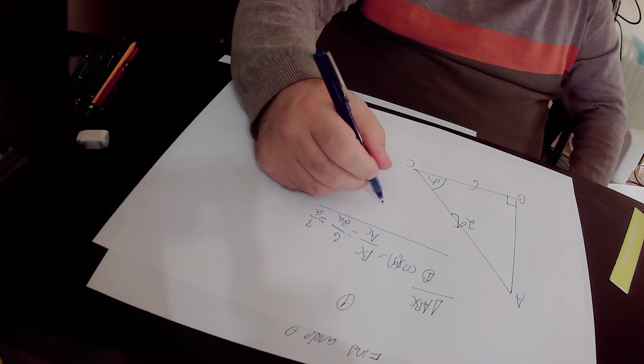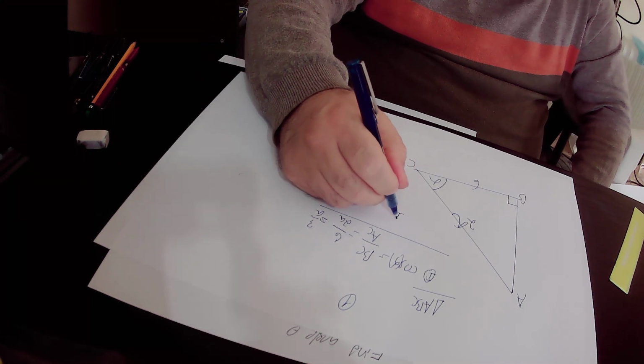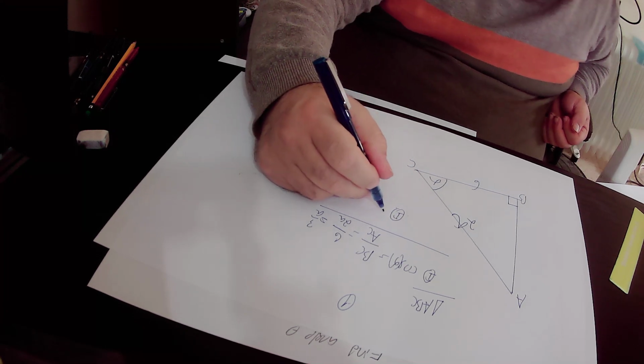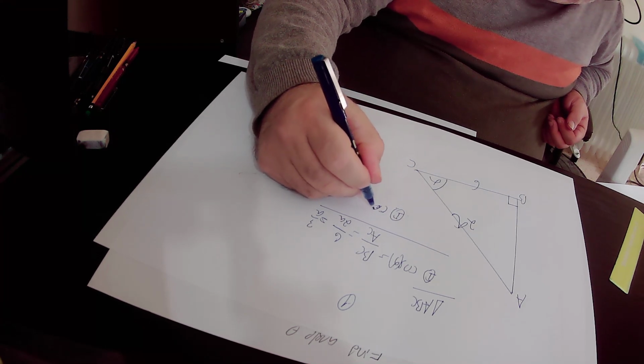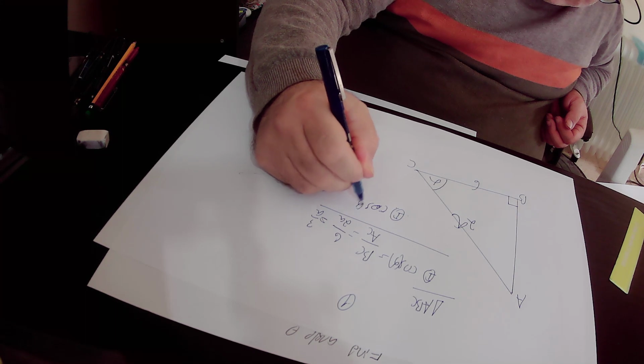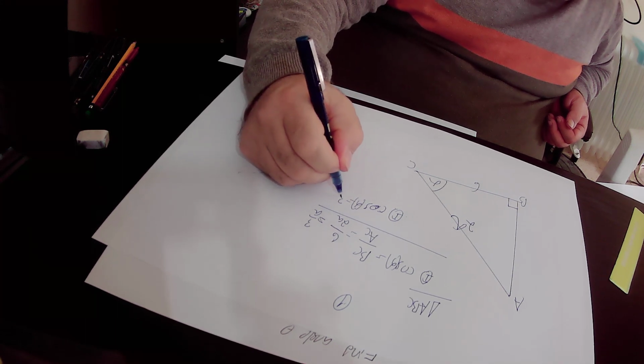So in conclusion, according to equation number 1, cosine alpha equals 3 over a.